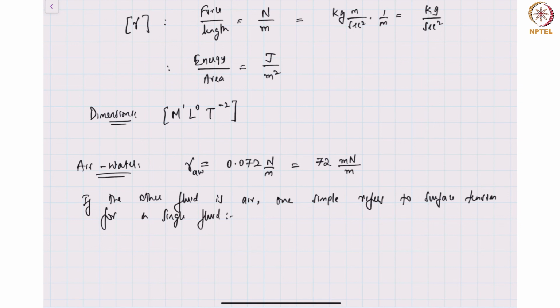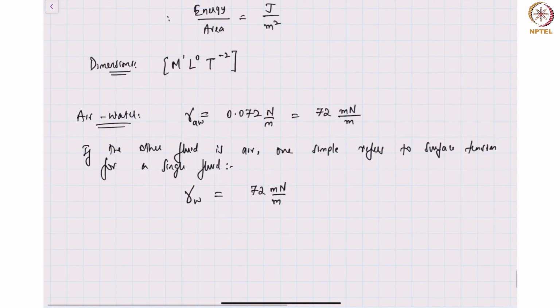Note that surface tension is for a surface between two fluids. If the other fluid is air, then instead of referring to it as an interfacial tension, where it's an interface between two fluids, you call it a surface tension. So it's all right to say the surface tension of water is 72 millinewton per meter. But strictly speaking, it's understood that the other fluid is air.